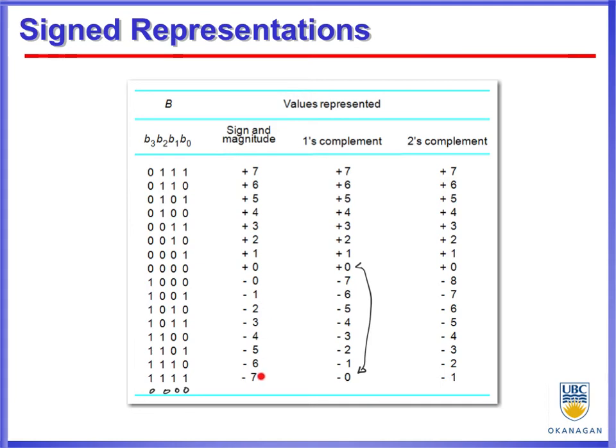Shouldn't it go this way? We're used to writing numbers like this, right? But again, the order of these numbers is based on the order we chose to write these binary numbers. And the good thing about 2's complement is that as we move, say, from this direction, this is the smallest negative number we can write with 4 bits in the 2's complement system, right?